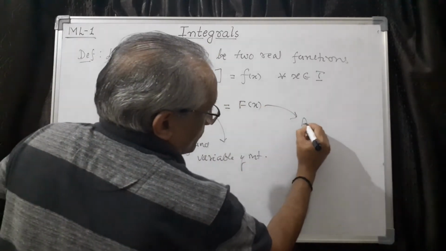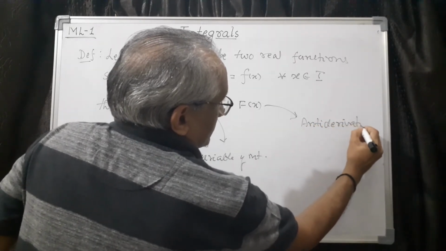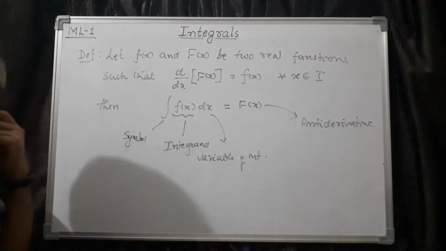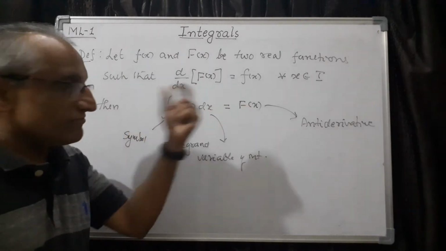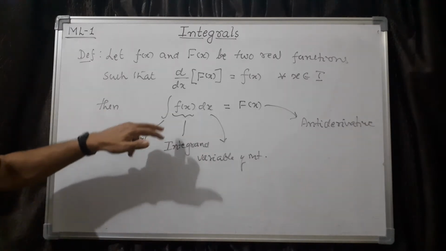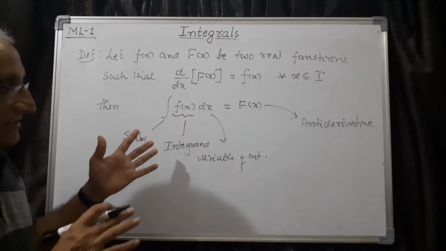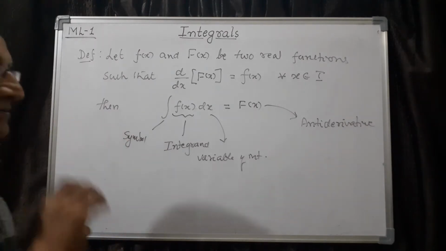It is also called the antiderivative, or the integral of f of x. So this is the basics. Then the process of finding the integral is called integration. These are the things which you have to remember.